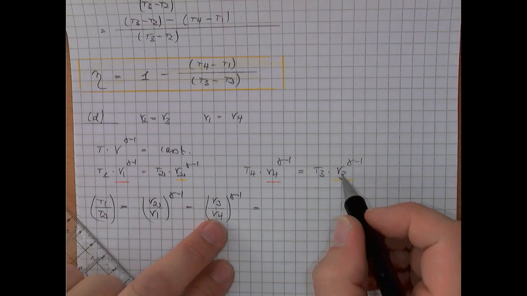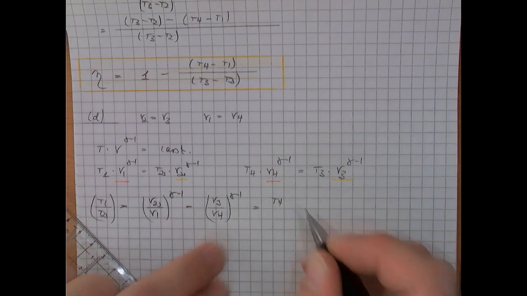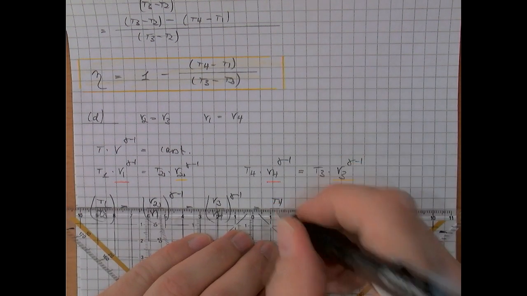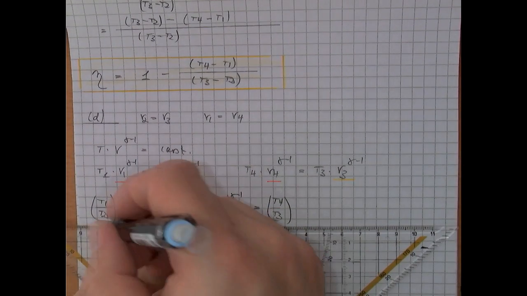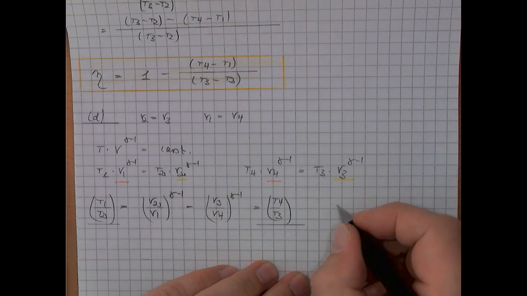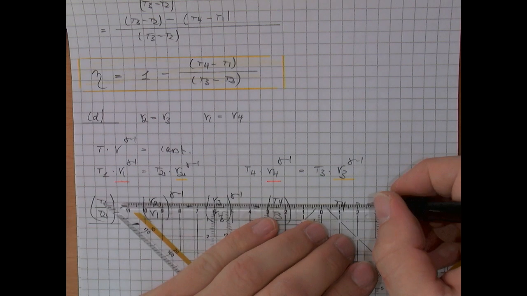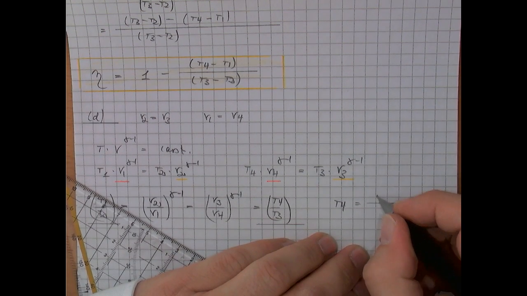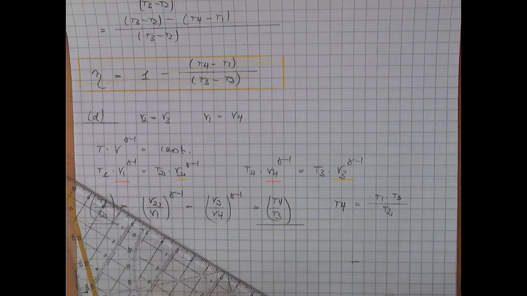But V3 divided by V4 is nothing else than T4 divided by T3. So now compare the very left and the very right hand side. This is what we're now making use of. So therefore T4 equals T1 times T3 divided by T2.